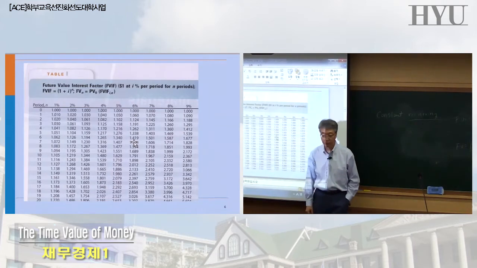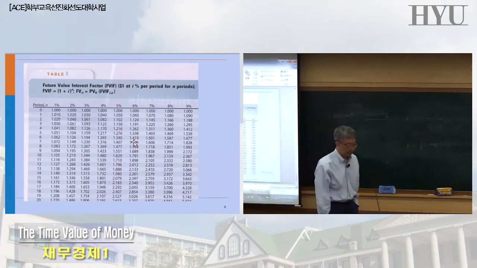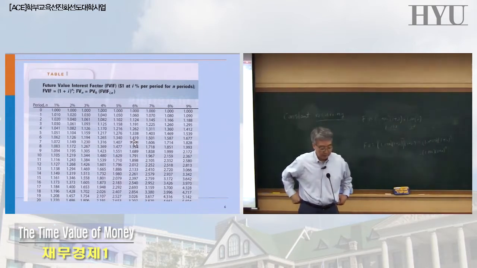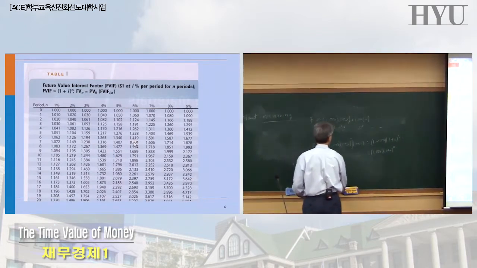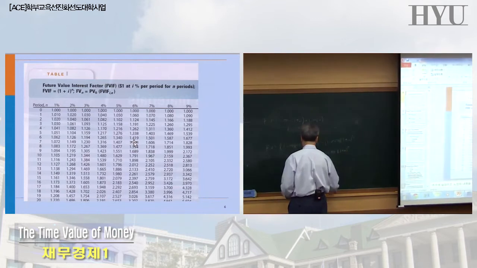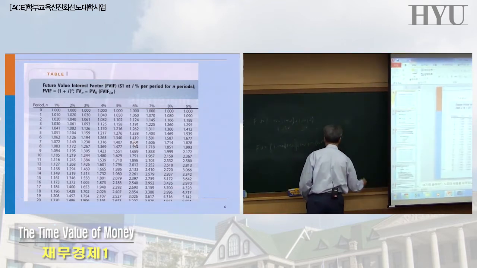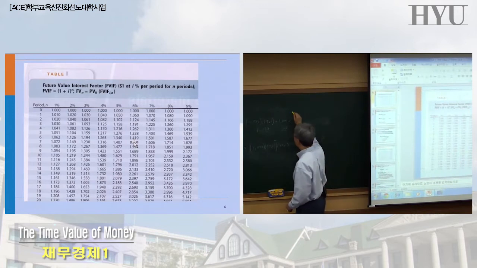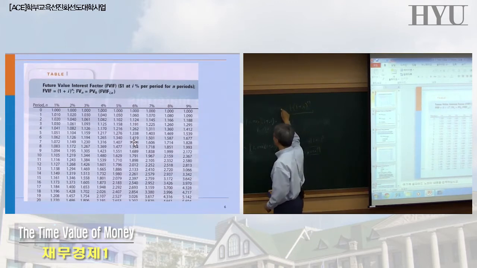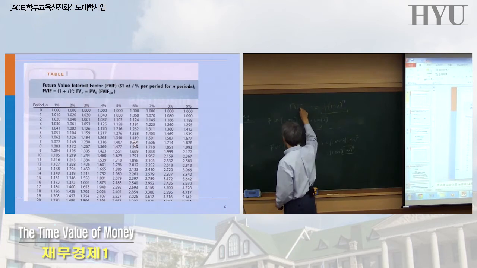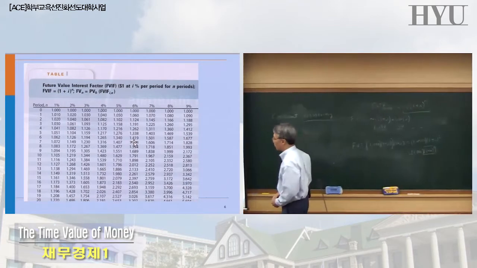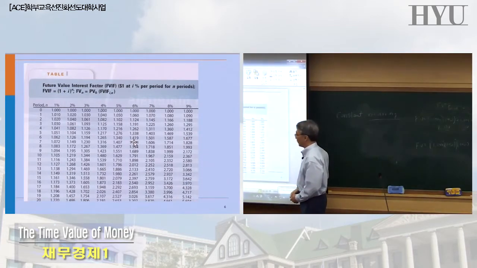It shows basically this part: 1 times (1 plus I) to the power of n. That's what we call FVIF I,n.